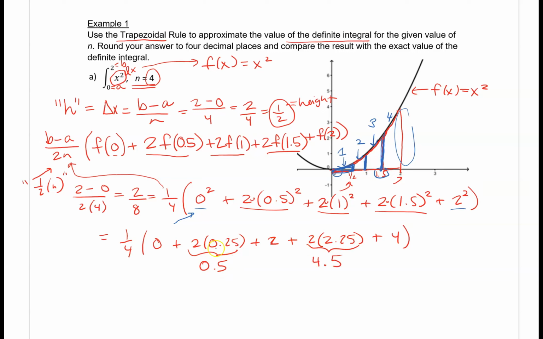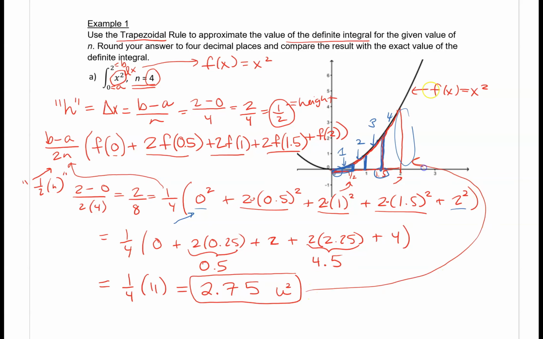And so I just need to add all that up and divide it by 4. So I end up having to do 1/4 times 11, or 11 divided by 4, which ends up equaling 2.75, we'll just say units squared. So this is my approximation for the area under the graph of y equals x squared, but above the x-axis between 0 and 2. So it's my approximation of that area there.